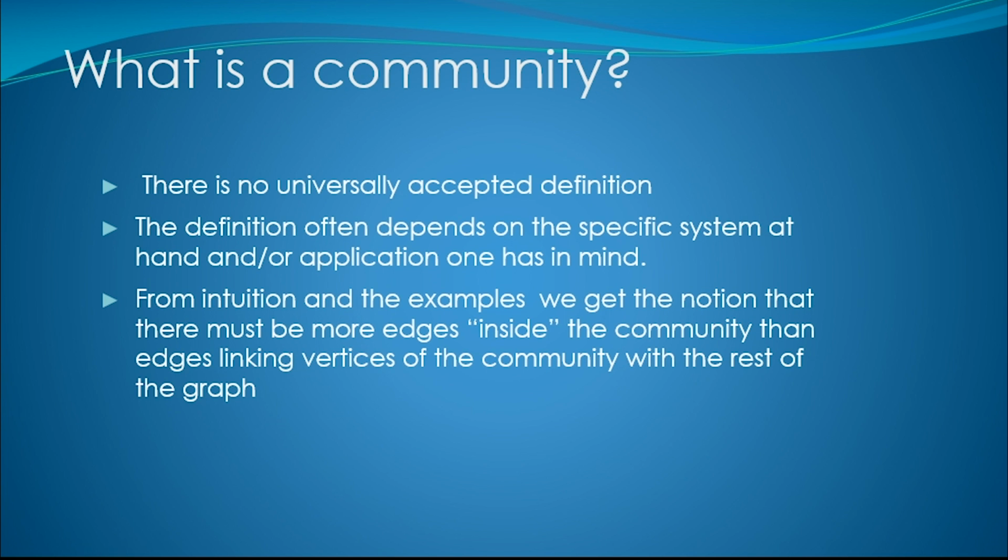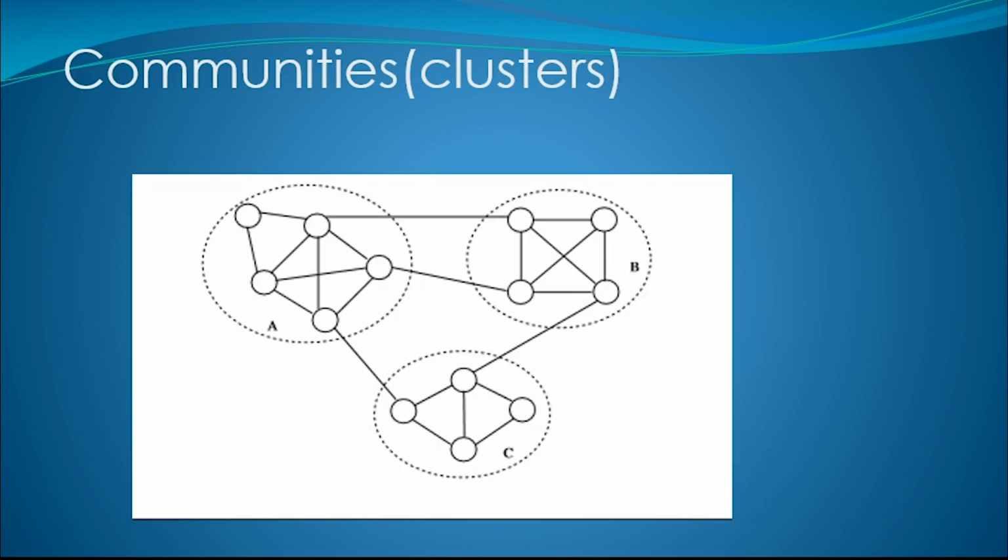So basically, we get the notion that there are more edges between persons of the community than outside. For example, I can easily say in this network, suppose these are people, this is a community, this is a community, and this is a community.